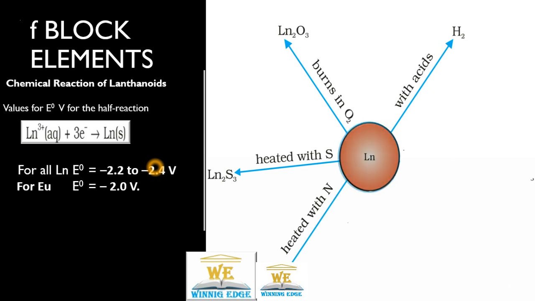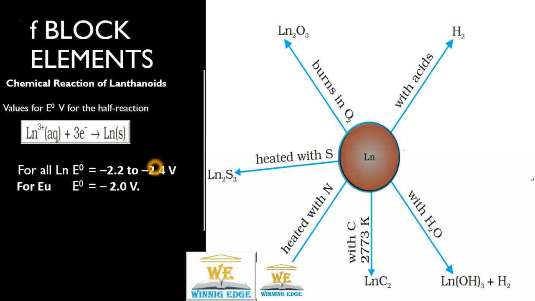They have an electrode potential strong enough to reduce the nitrogen. So heated with nitrogen, we get nitrides. With carbon, we get carbides. With water, we get hydroxides, which are alkaline in nature. And with halogens, we get trihalide compounds of lanthanoids.